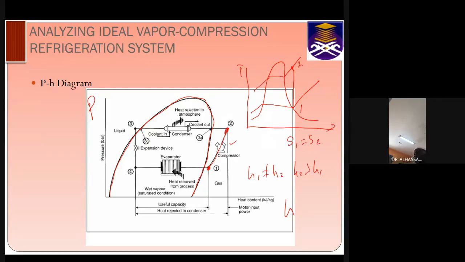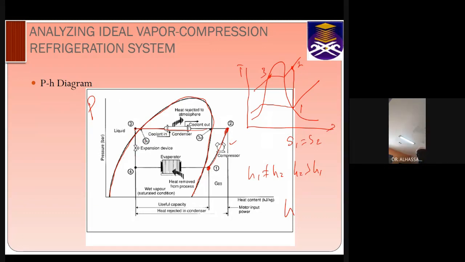Then the fluid is cooled down from state 2 to state 3, but again, this is done at constant pressure. And then finally, we have the expansion.